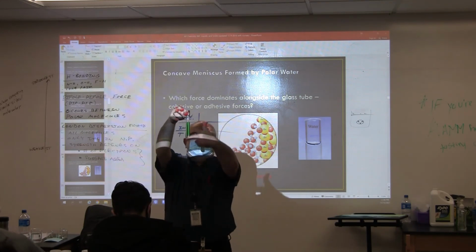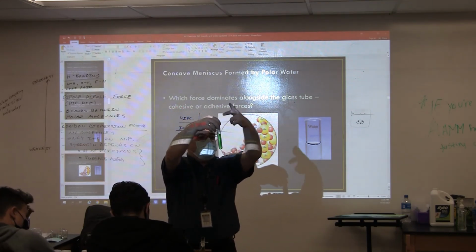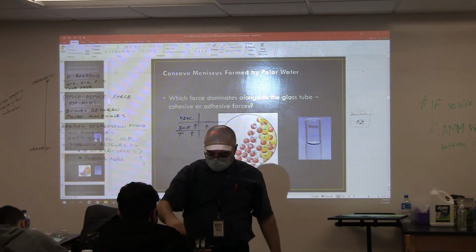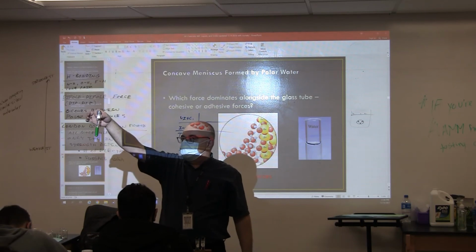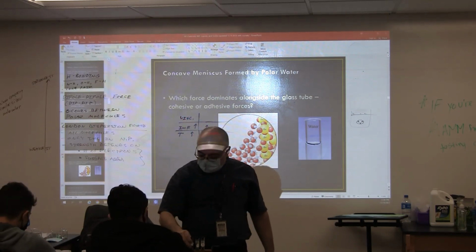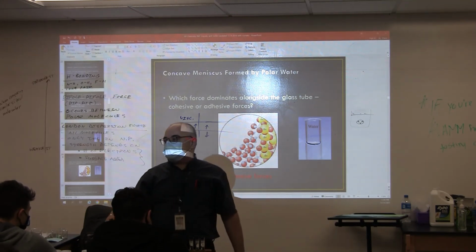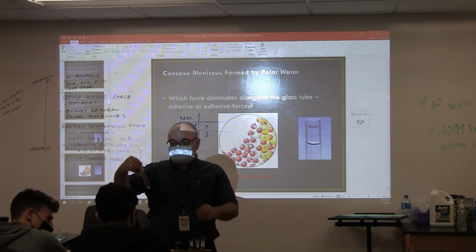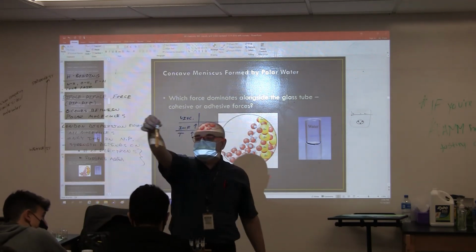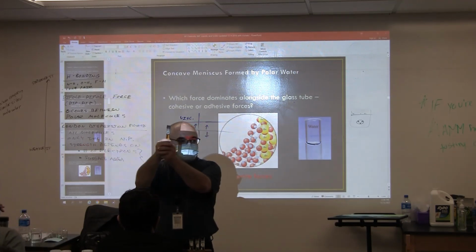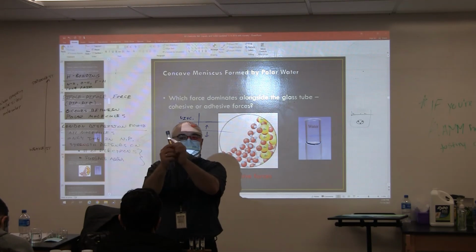Y completely mixes, so we know that Y is polar because it mixes with water. And then Z is mostly non-polar again because they don't mix well. Then we did a similar mixing experiment but in a non-polar solvent called pentane. So here is X, and you can see there's no line of separation. Since this is a non-polar solvent, that again shows that X must also be somewhat non-polar.